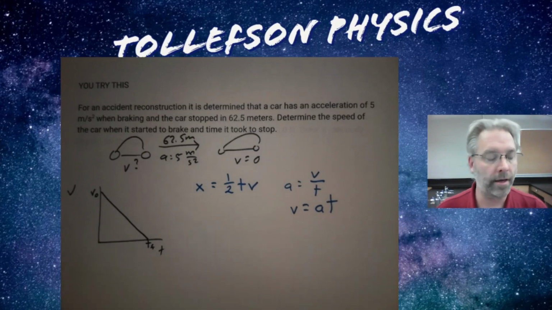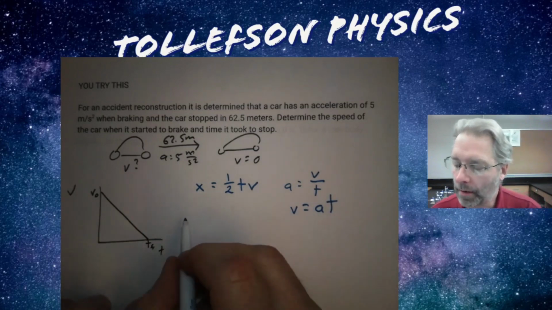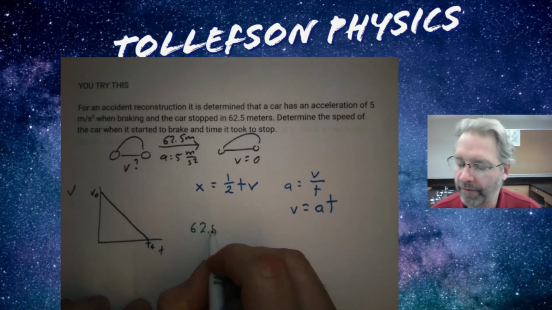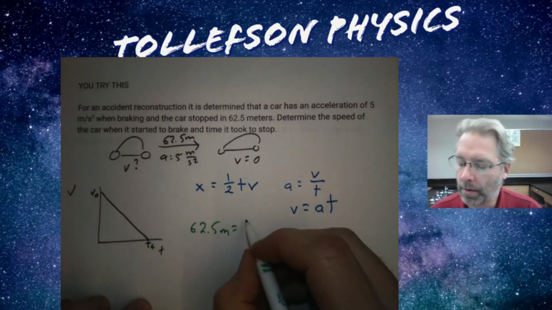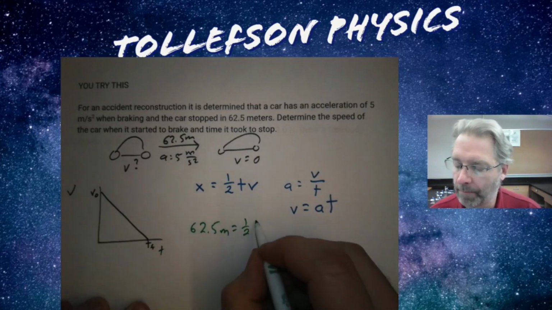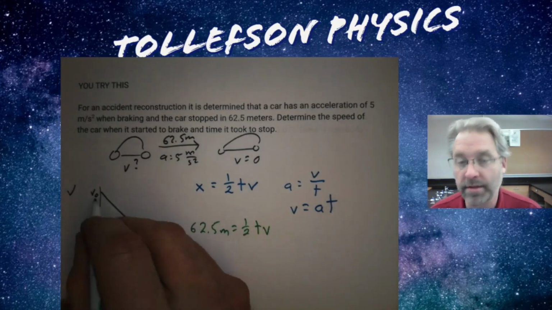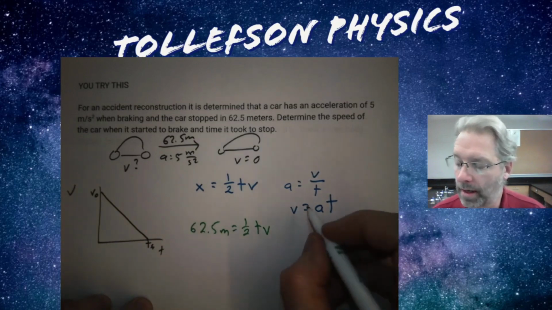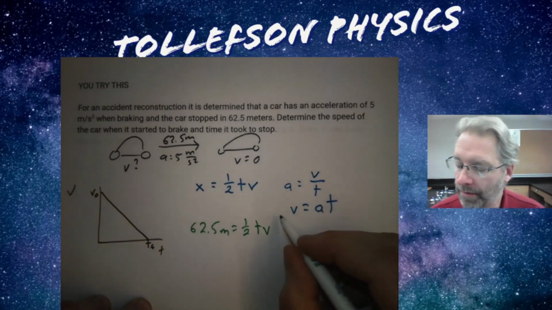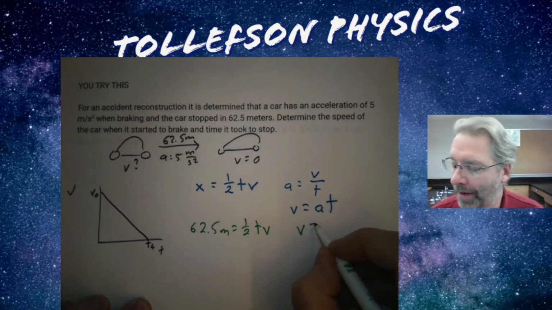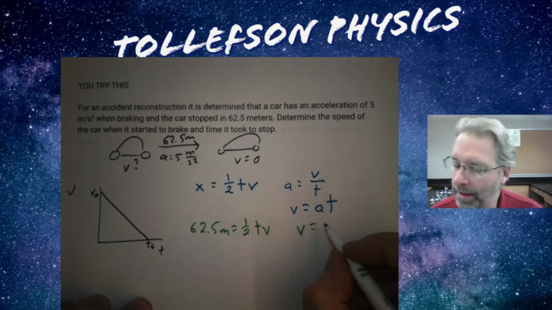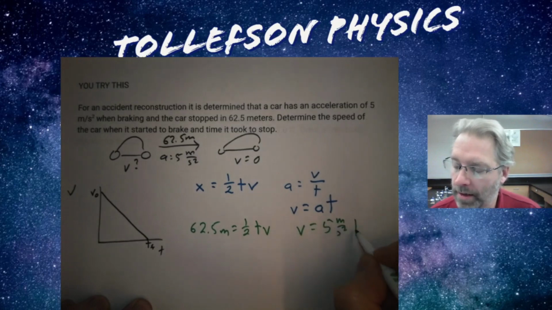Let's plug in the numbers that we know. Here we know 62.5 meters equals 1/2 times whatever that base time is, from 0 to TF, times the velocity, which in this case is the initial velocity. Over here I wrote it slightly differently so I can substitute it right away: the velocity is going to equal the acceleration, which is 5 meters per second squared, times time.